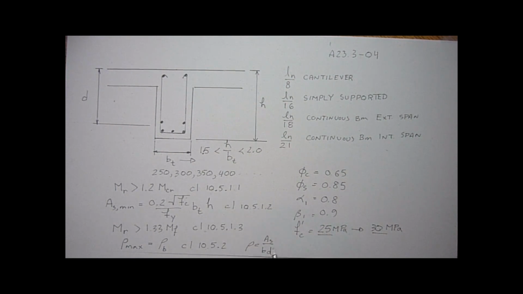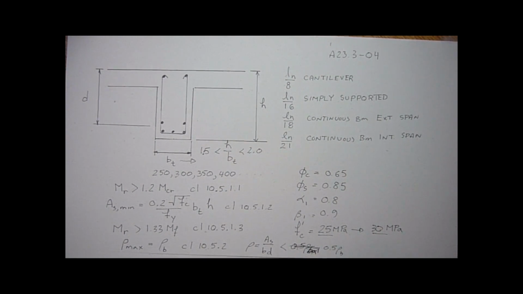If you can, this is a rule of thumb, try and keep it less than 0.5 rho balanced. Really should call it 0.5 rho b.